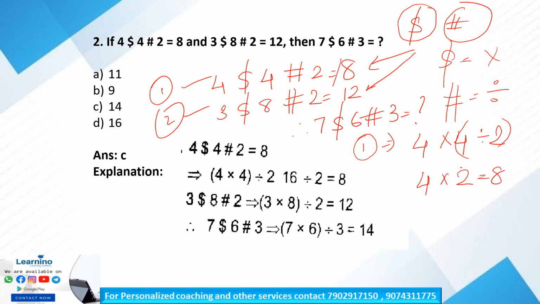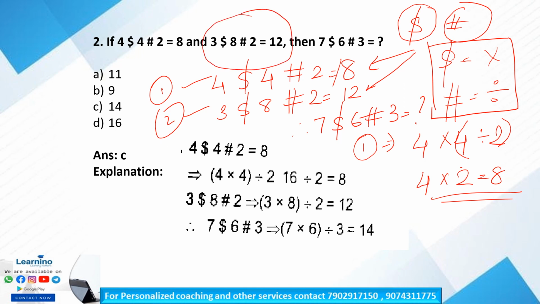That is equal to 8. So the condition follows. So we can fix that dollar is equal to the multiplication symbol and hash represents division. Is it clear? Now we have to apply these values in equation number 2 to find whether that equation also follows.